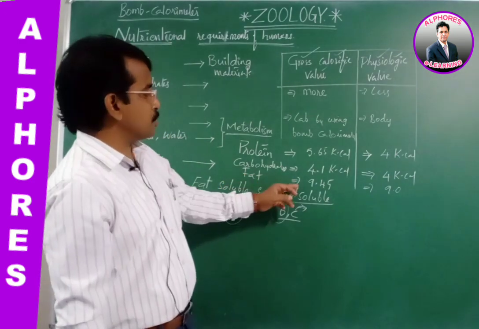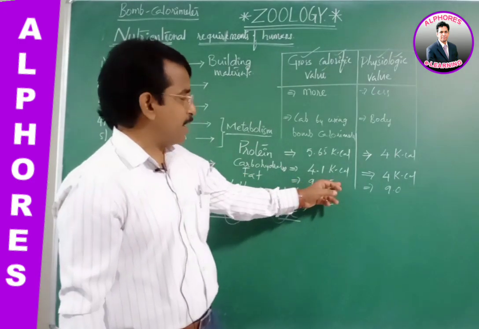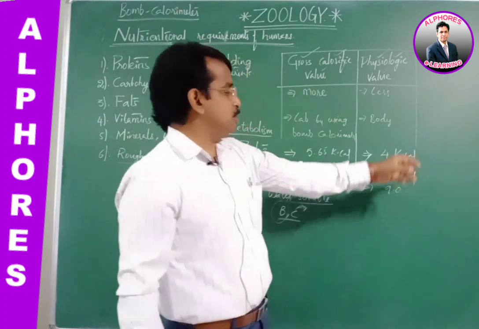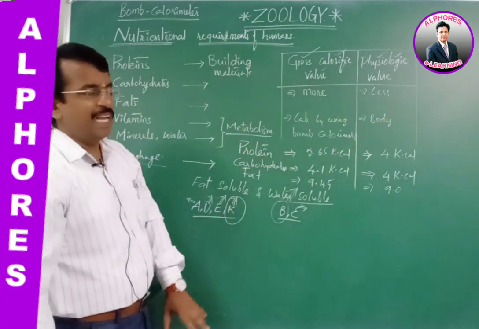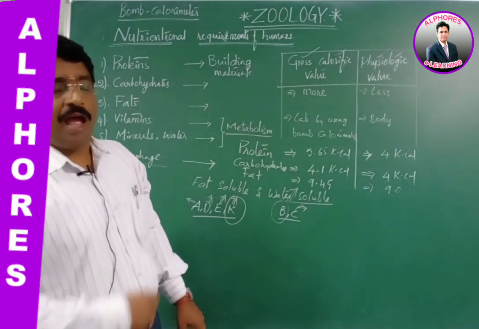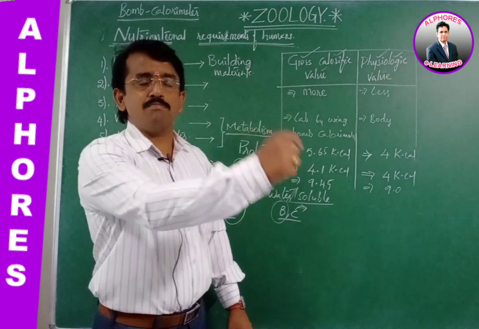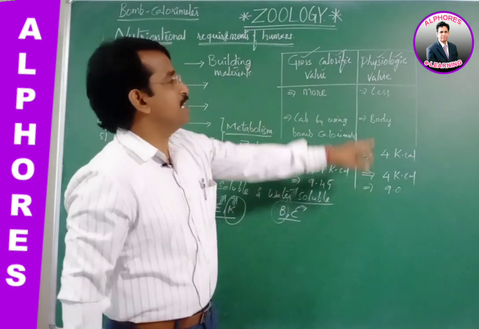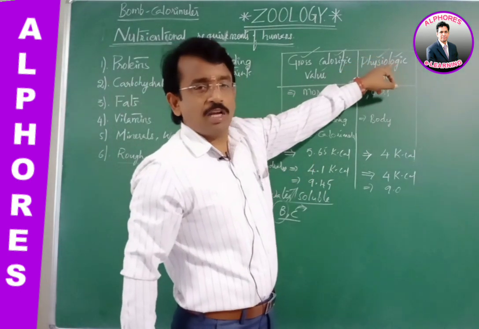And fat gross calorific value is 9.45, whereas the physiologic value is 9. The amount of heat generated on combustion of 1 gram of a food in the body is the physiological value.